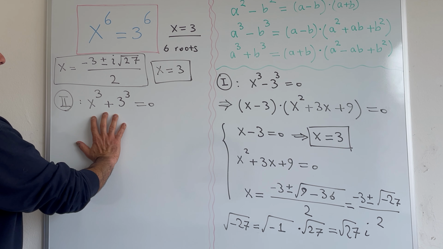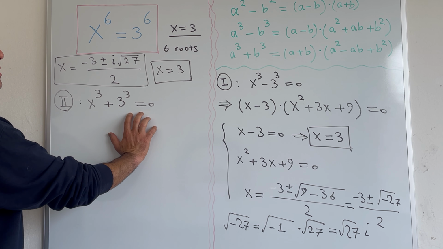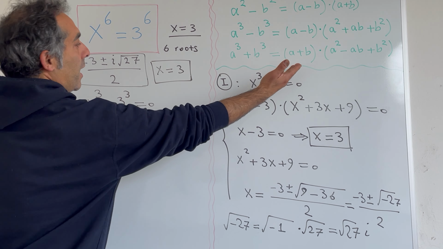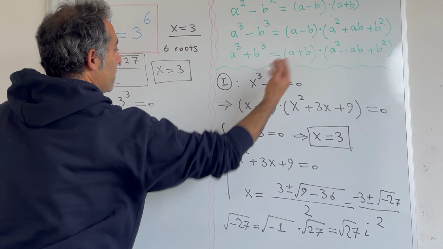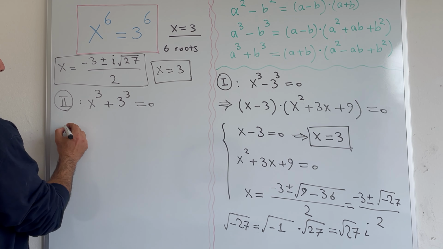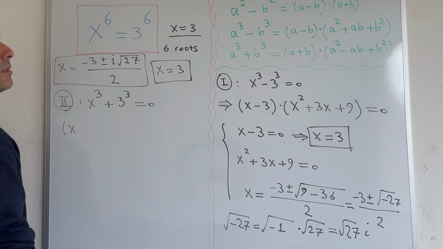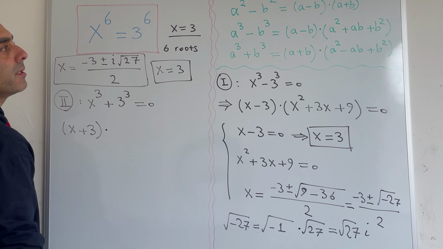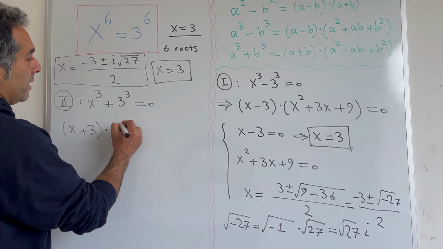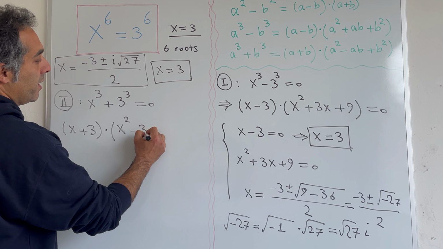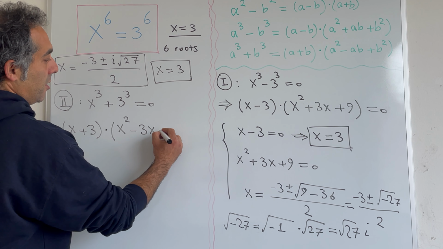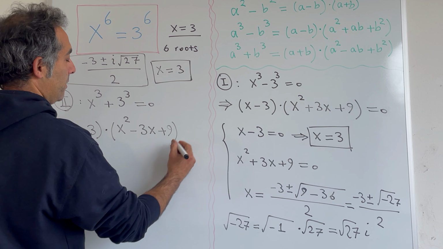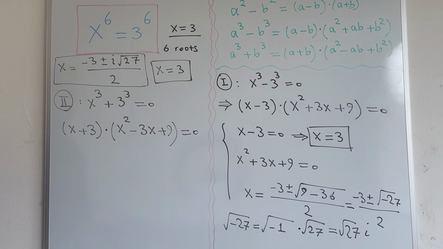And you can find the identity related to this equation here. The third identity, I wrote it here like that. So I can write it like this expression: x plus 3 times x squared minus 3x plus 3 squared, which is 9, equals 0.